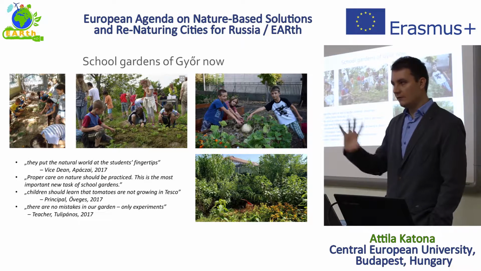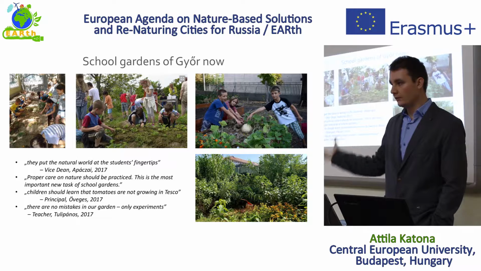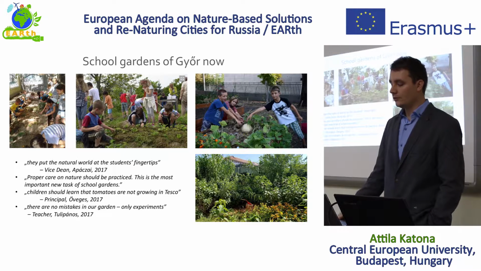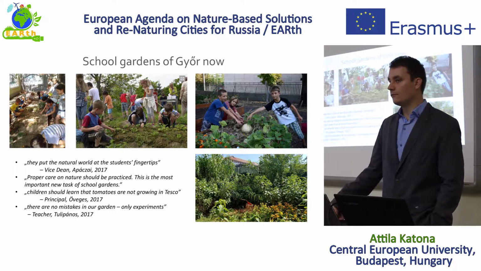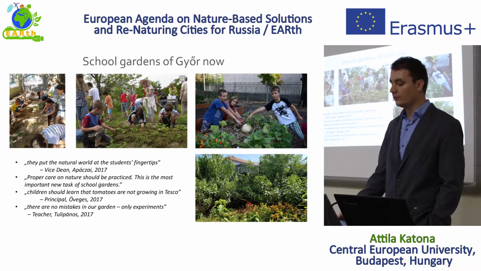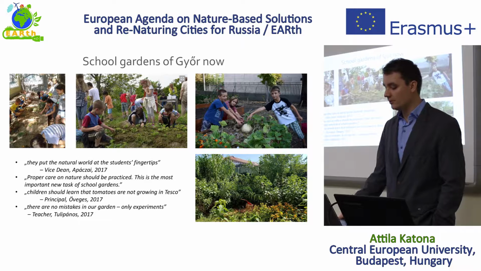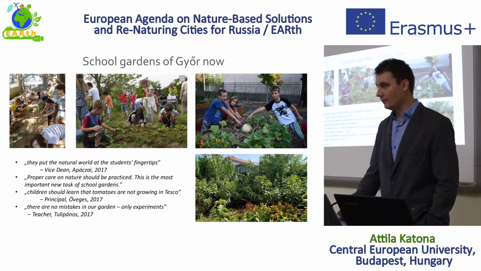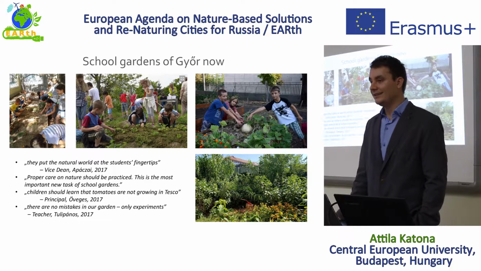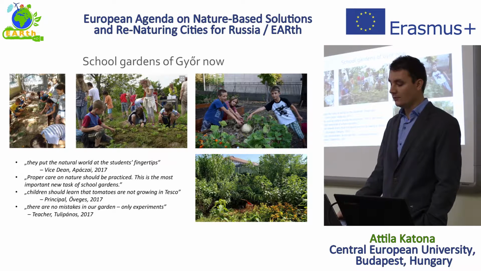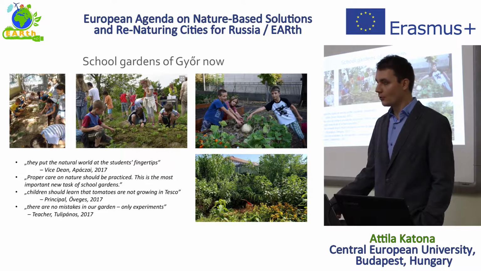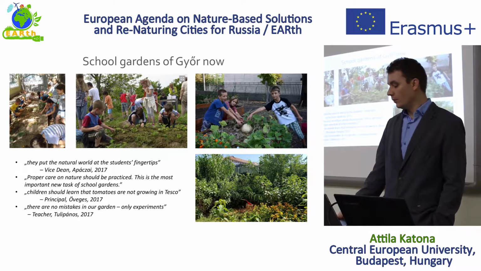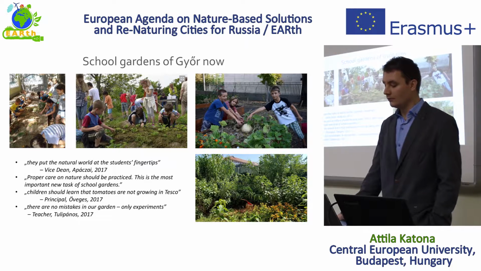Since about 5 years ago, these school gardens started to appear again in Győr, and partly because these have really good educational values. So it teaches children about sustainability in a formal school environment. It teaches environmental stewardship. It can be integrated into normal educational programs, both in the university and in elementary school.